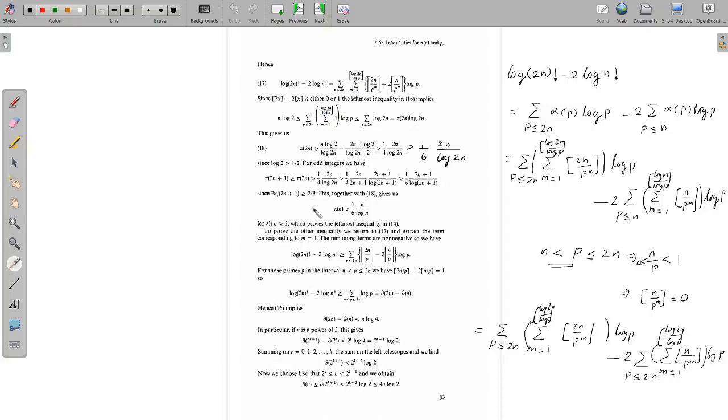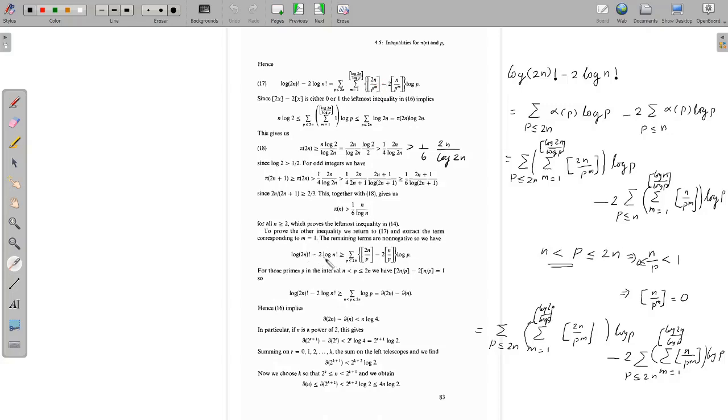In the other case, we will consider the equality 17 and extract only 1 term from this sum. So we neglect all the terms for m equal to 2, m equal to 3, all the way up to m equal to the integral part of log 2n by log p. Those neglected terms are always non-negative terms, so this sum will be reduced.